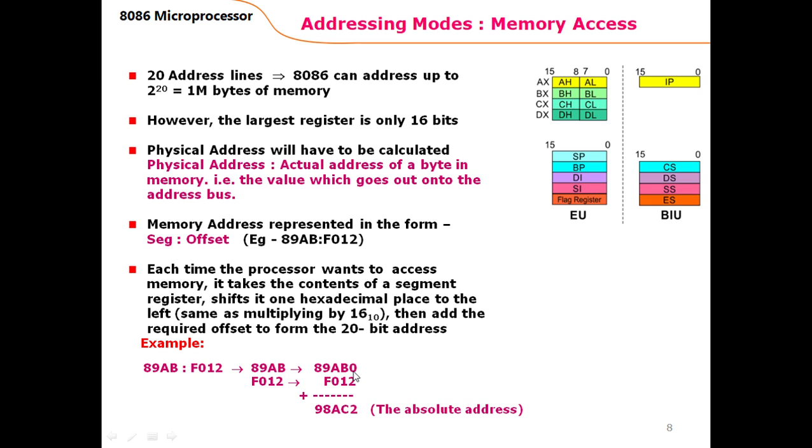This 0 is a hexadecimal digit. And then this offset value is added with this shifted segment number, which has now become a 20-bit value. So this 16-bit value is added with this, and we get the physical address or absolute address of the memory location like this.